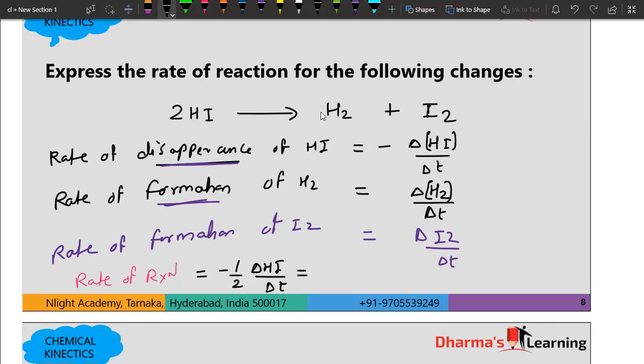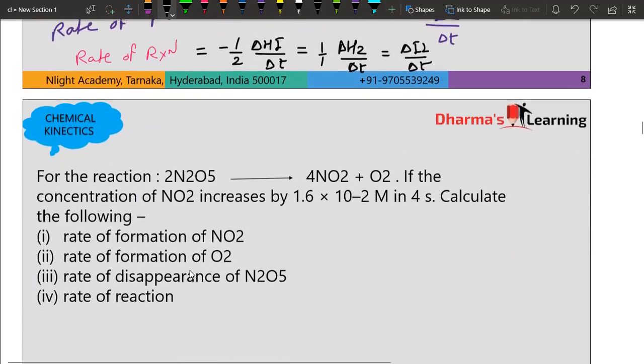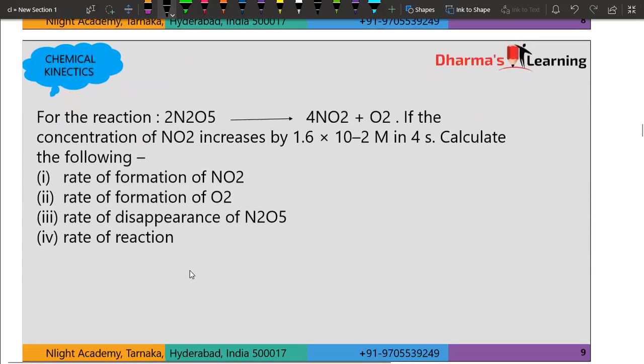Similarly, moving to the products, it is 1 by 1 change in concentration of hydrogen divided by change in time, which equals change in concentration of I2 divided by change in time. This is how to write the rate of disappearance, rate of formation, and average rate of any chemical reaction that is given to you. Okay, we'll discuss one question here.